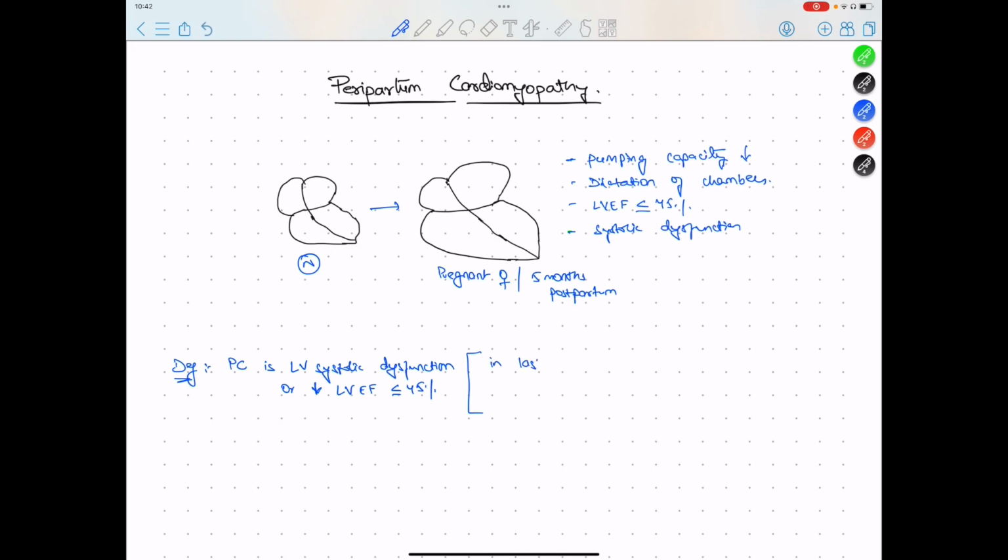Usually this occurs in the last month of pregnancy or 5 months postpartum, with no pre-existing LV dysfunction. That is, the pre-existing LV dysfunction must be ruled out, or any other etiology for heart failure.